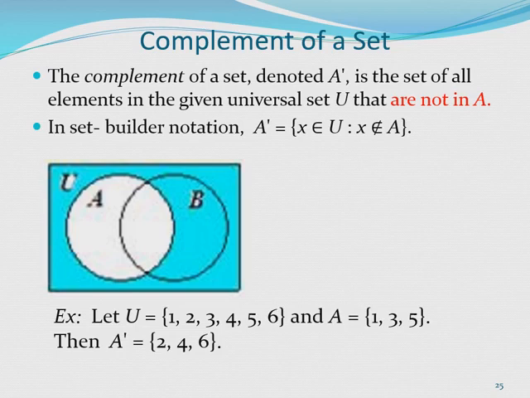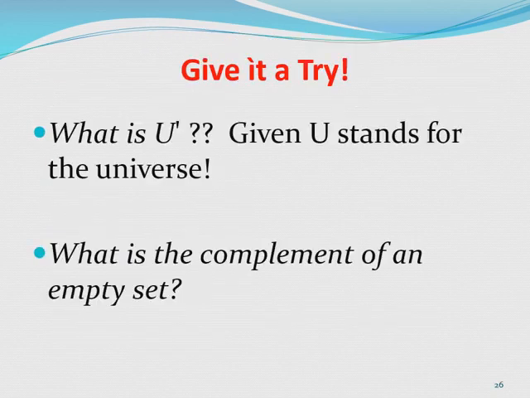Do not learn the definitions as definitions. Try to give your own examples and try to figure out the concept behind the definition. So a small task. What is U dash, given U stands for the universe, and what is the complement of an empty set?